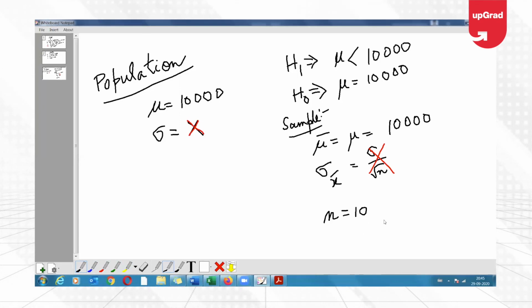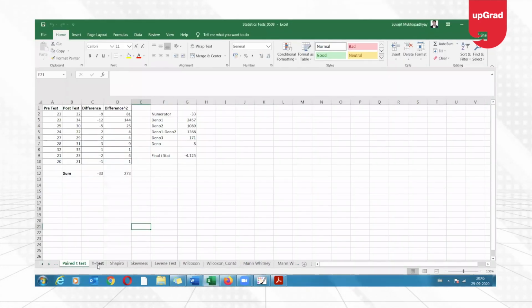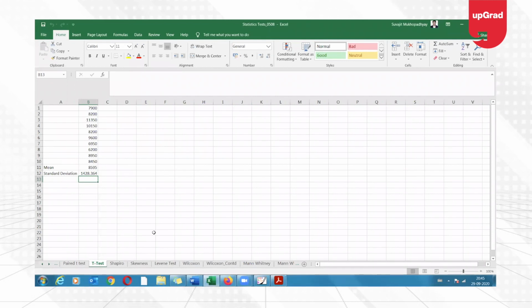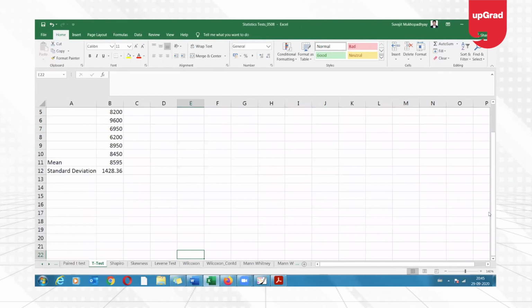And we also need a critical value, which we can call x, which is also something we do not have. So let's try to figure these things out one by one. So let's test. Here I have pasted all these numbers.